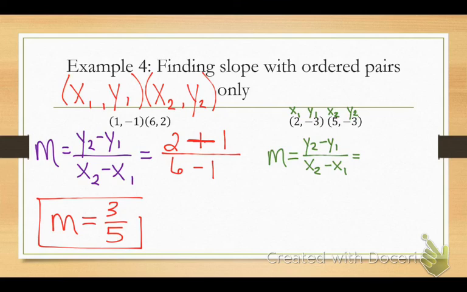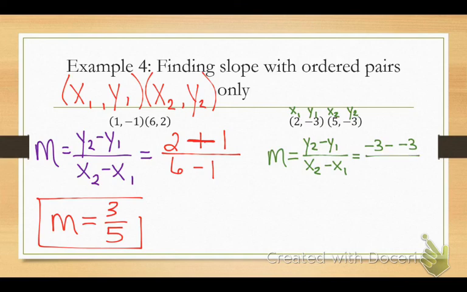Which value is Y2? -3. Great job. Minus, Thomas, what is my Y1 value? No, it is -3. Look at your sequence, guys. Does everybody see Y1 is -3? So minus -3.